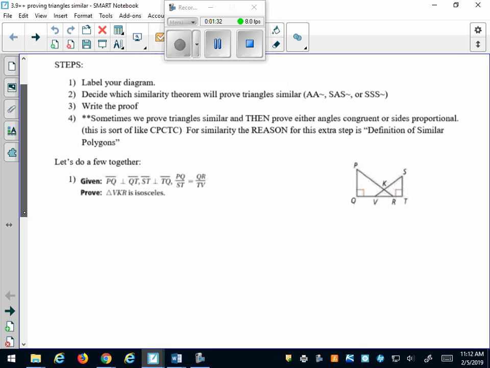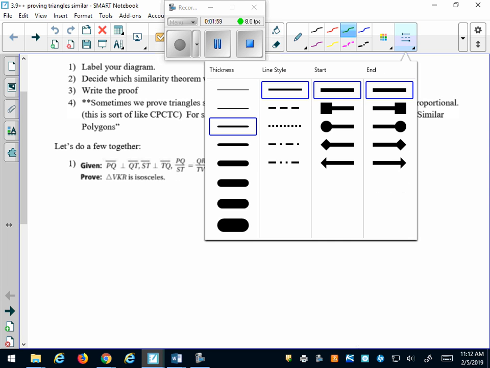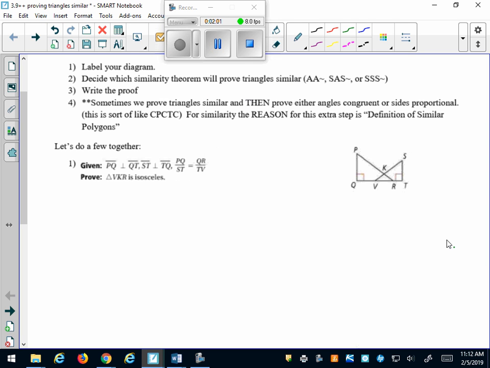Okay, so obviously we always label our diagram first. Now, let's do this first one. Given PQ is perpendicular to QT, and ST is perpendicular to TQ, and PQ is to ST as QR is to TV. Now, when we go to label our diagram, you might want to draw these separately.